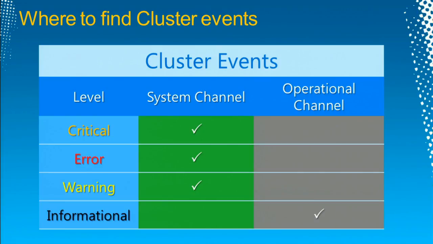Some of our events, errors, critical warnings, and so forth, are still going to be in the system event log. All our informational events are now in an operational channel, which I'll show you here in just a second. Informational events: I've taken the group offline, taken the resource offline, I brought it online. That's stuff that would be in the informational.